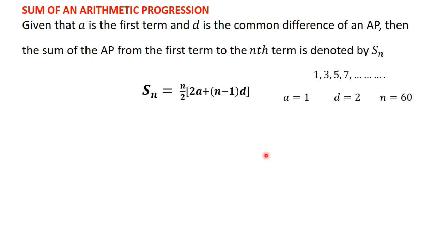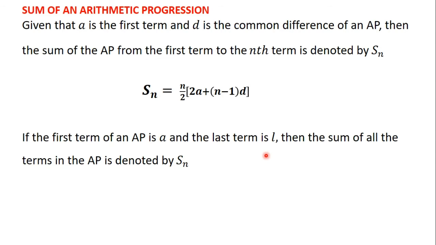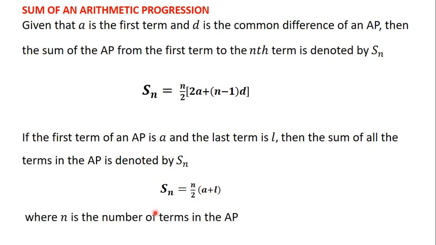Let's consider another thing. If the first term of the AP is a and the last term is l, so this time we are considering an AP whose last term is known, then the sum of all the terms in the AP is denoted by Sn, and Sn is equal to n divided by 2 into brackets a plus l, where n is the number of terms in the AP.